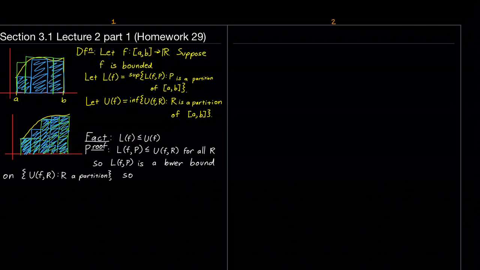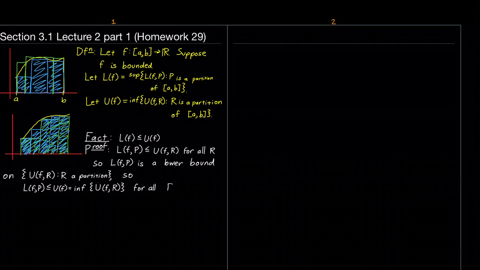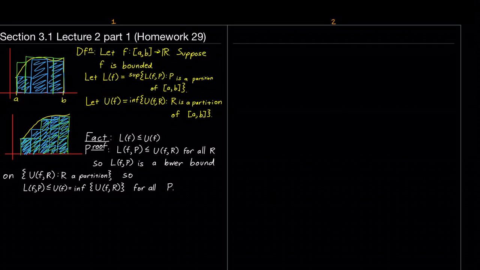So L of f, P is less than or equal to the greatest lower bound, and that is true for all partitions P. So suddenly U of f is now an upper bound on the L of f, P's.